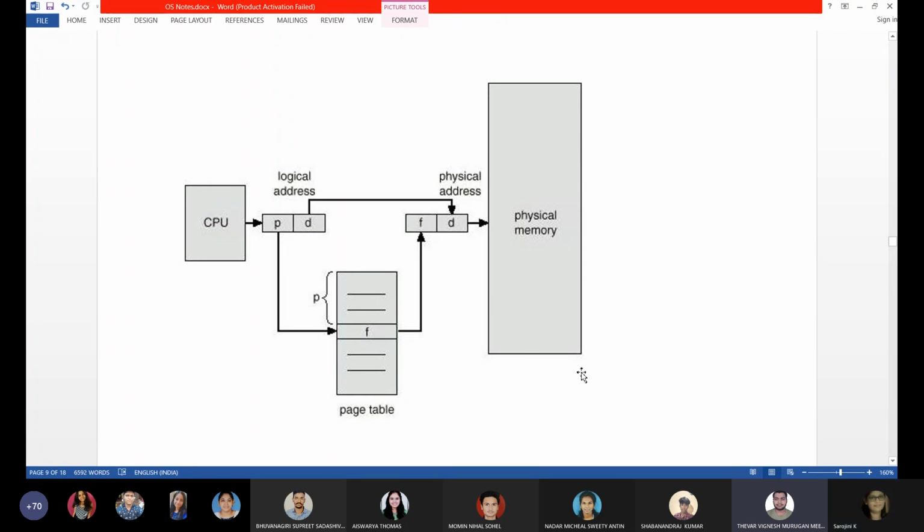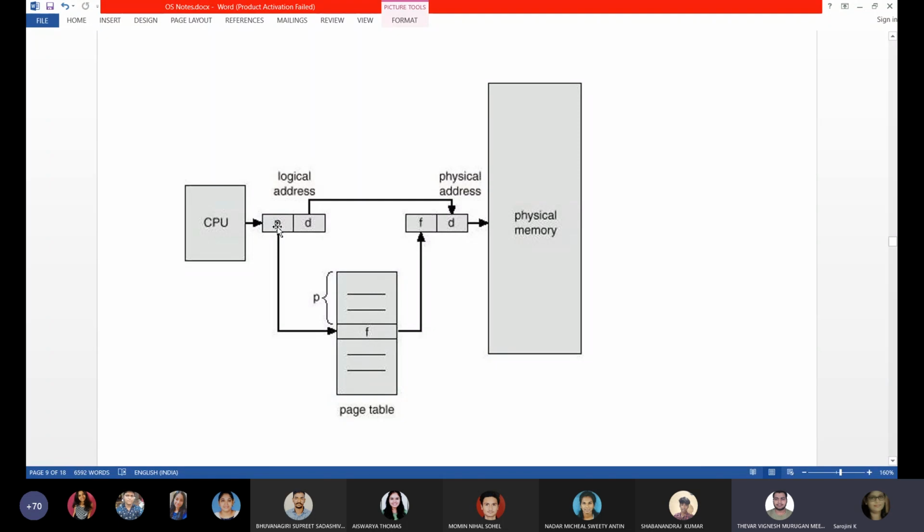Remember. Now assume that a program is split into 6 pages, and I want to refer to page 3. Remember, all the addresses will be in binary format, but just to understand, I'm saying this is page number 3. So in the logical address, page number 3 is there.